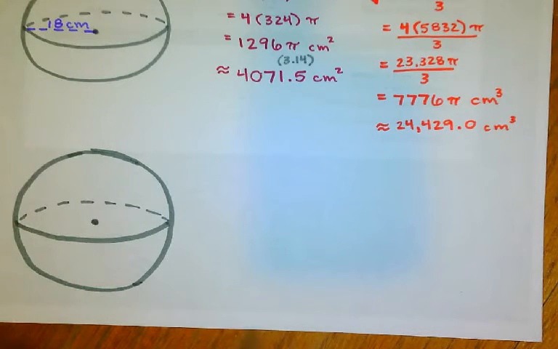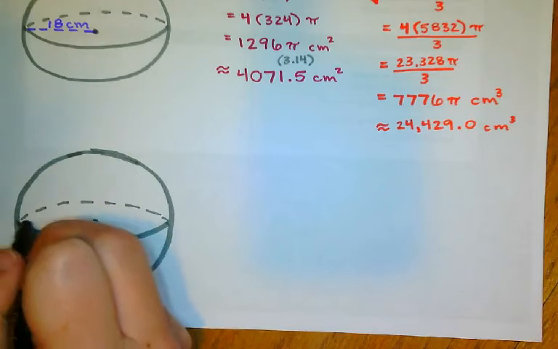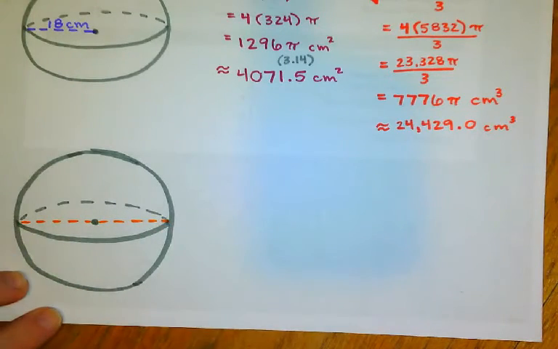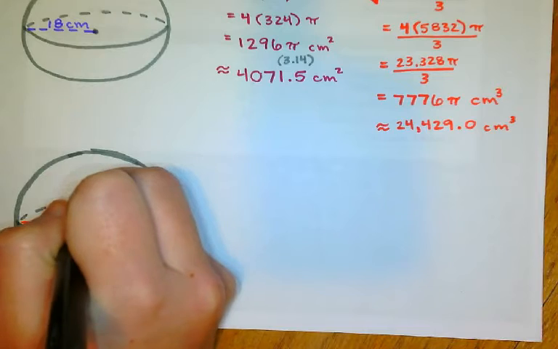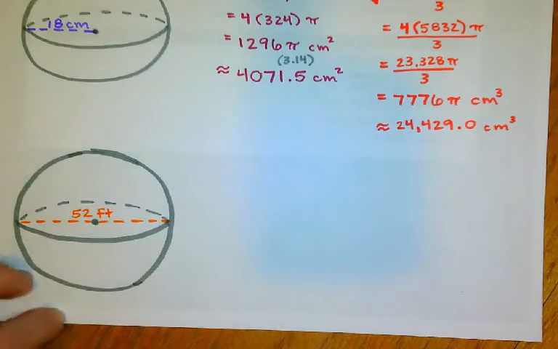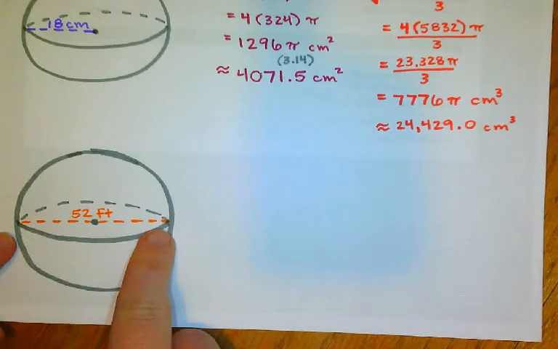And we are going to say that this distance is 52 feet. Alright? So, same idea, only are we given the radius this time? No, we are given the diameter. Alright?